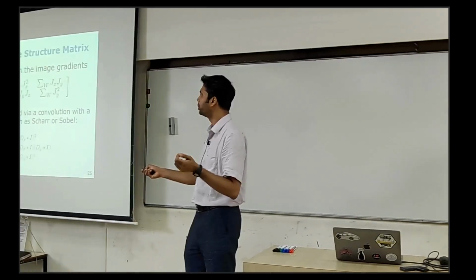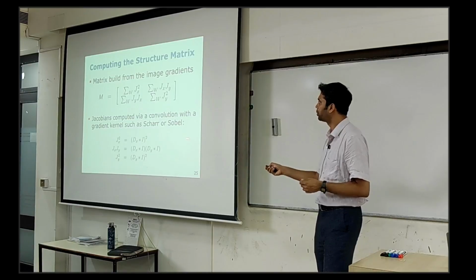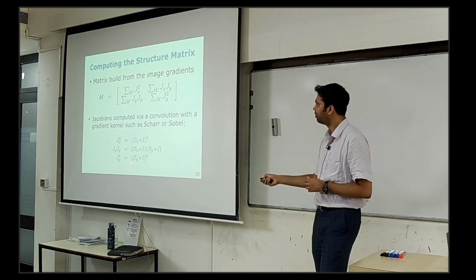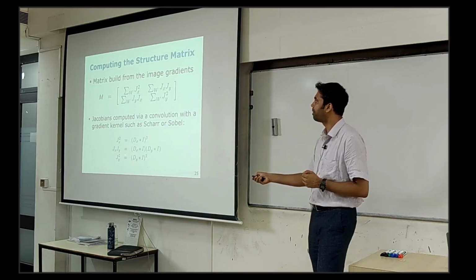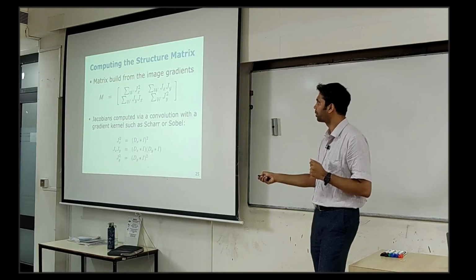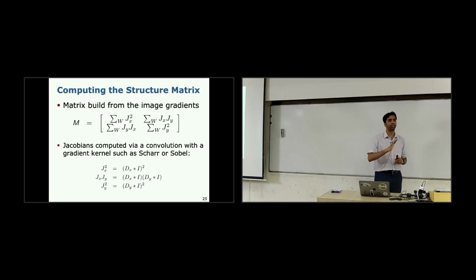You could use a kernel such as the Scharr or the Sobel operator. It doesn't really matter exactly which one you use. You'll find some changes in intensities in the x direction. With this one, you will find them along the y direction. And then you can also find the combined xy direction by using one convolution along x and one convolution along y. So this is classic image processing to find x and y gradients.